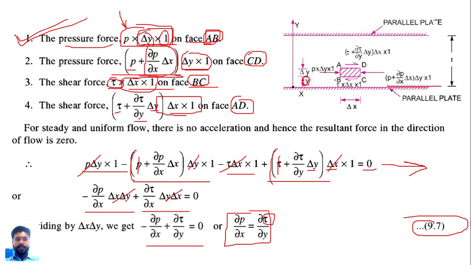When y equals 0, it means this arbitrary plate is at the bottom side over here. So when y equals 0, the velocity over here will be 0.